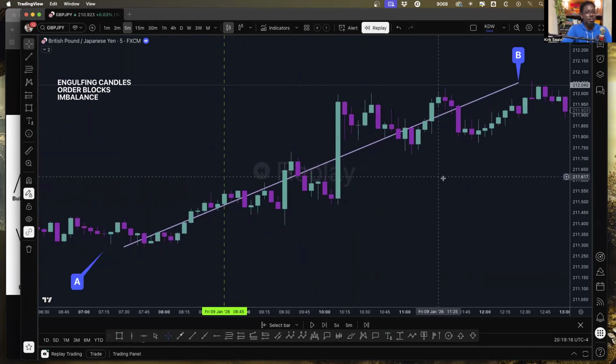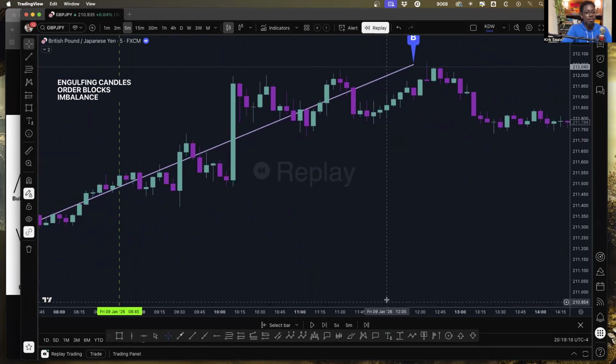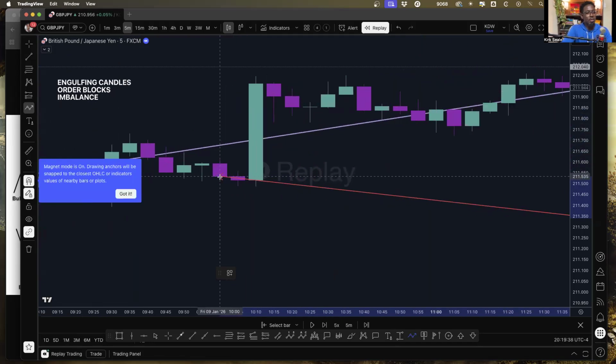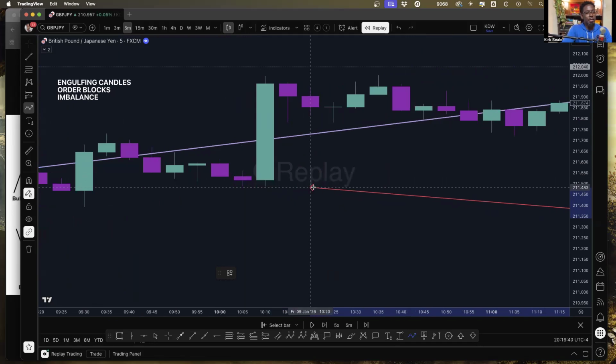All right. Imbalance. Imbalance always occurs between three candles. Usually candles next to each other. All right, let me say it like this. Imbalance shows up when you've got one, two, three candles, and you see this vertical part of the candle.